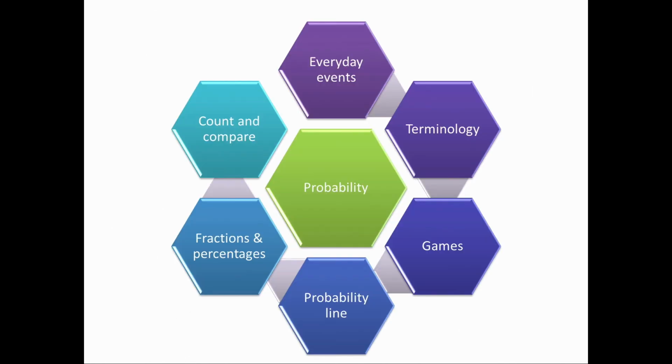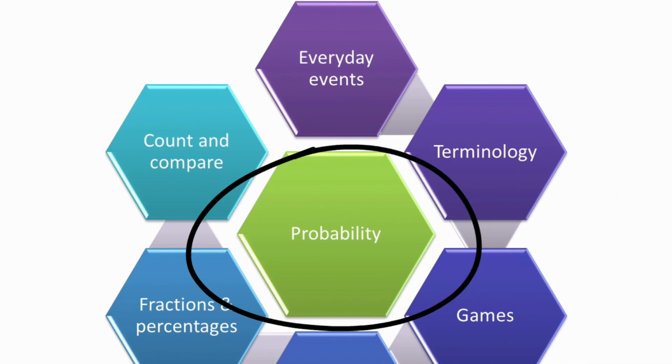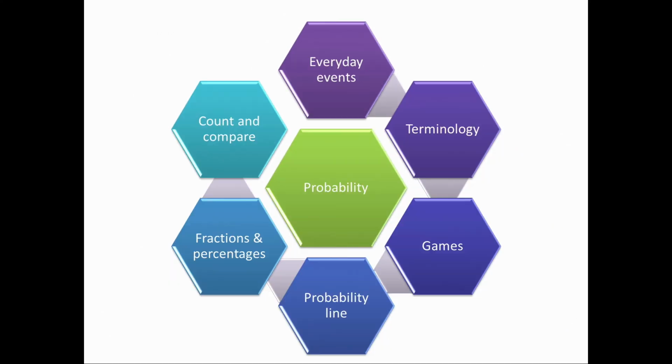In this video, we discussed how the concept of probability can be introduced to grade 5 children. We suggested that first children be allowed to talk about probability in everyday events, and while they are doing that, you can teach them terminology, such as an impossible event, a certain event, an unlikely event, and a likely event.